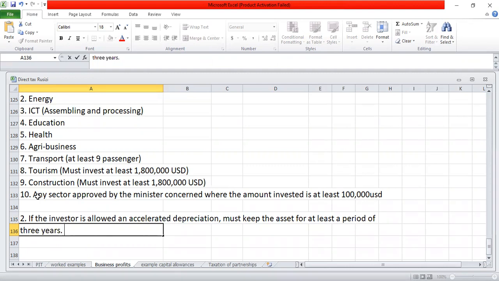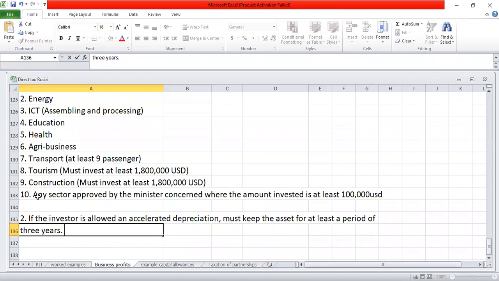If an investor is given an accelerated depreciation, or if an investor has been allowed to accelerate the depreciation, in that case, the investor must keep the asset for at least a period of 3 years, meaning that the investor is not allowed to sell the asset before 3 years.